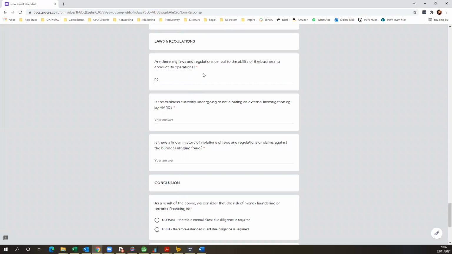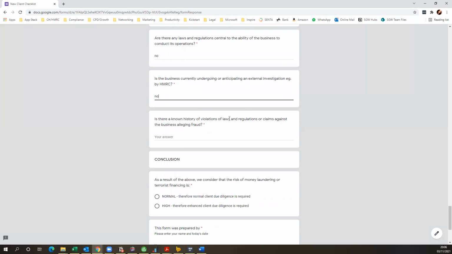That might be more of a question for our client, just to find out whether there's any laws that allow them or don't allow them to do what they're doing. Is the business currently undergoing or anticipating an external investigation, for example, by HMRC? Again, that's just going to be a question.